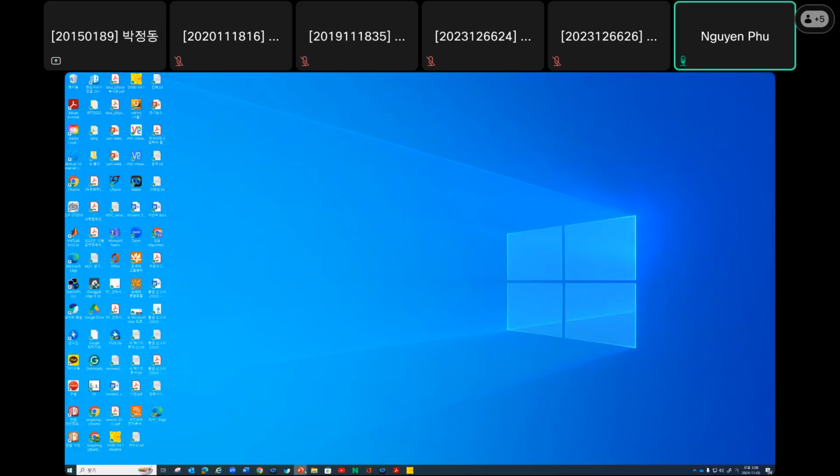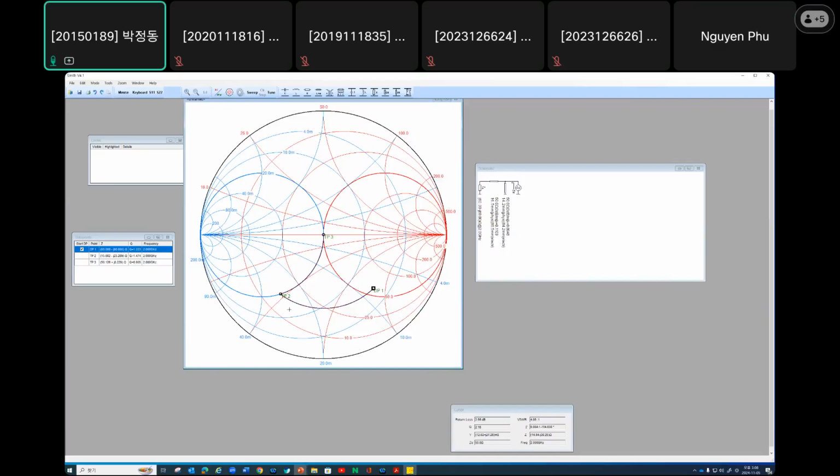So what did I say? If the desired resonant component is inductive, which one do you have to use, open stub or short stub? If you need inductance to make the reactance resonate out, which one has to be used?